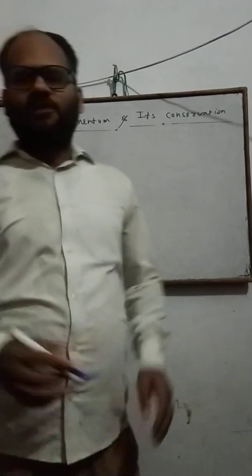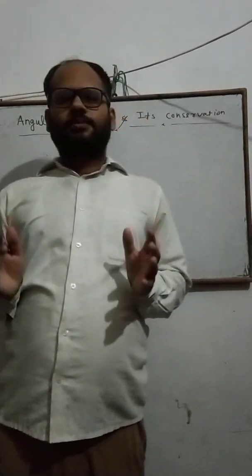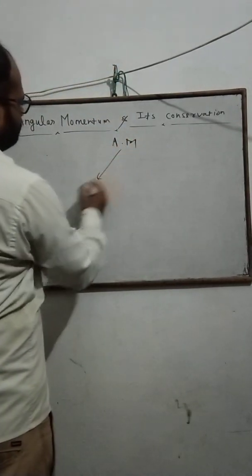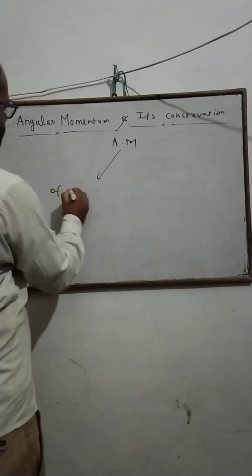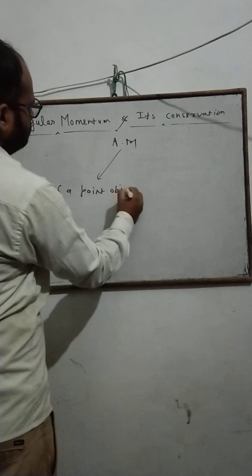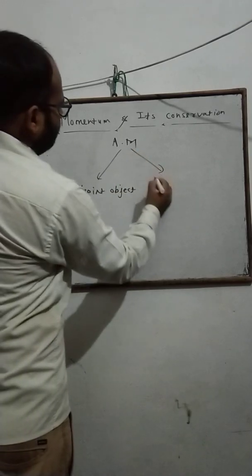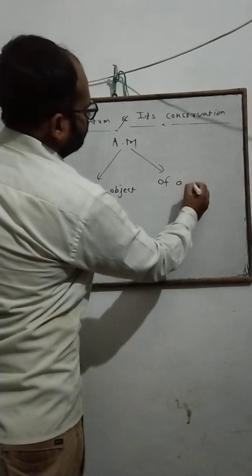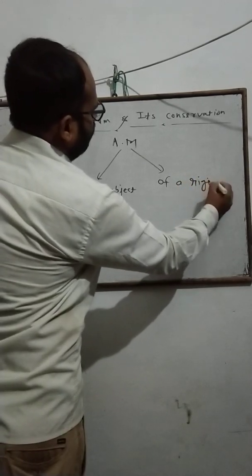Now, we will find the angular momentum in two parts. Angular momentum, first, of a point object, and second, of a rigid body.